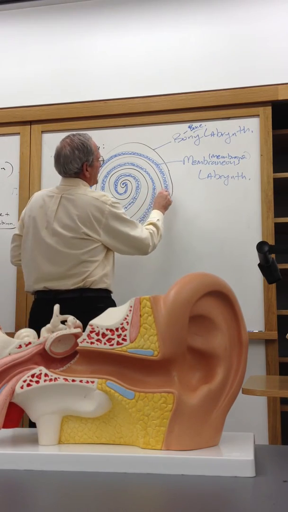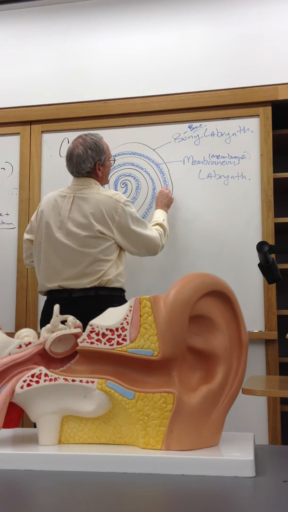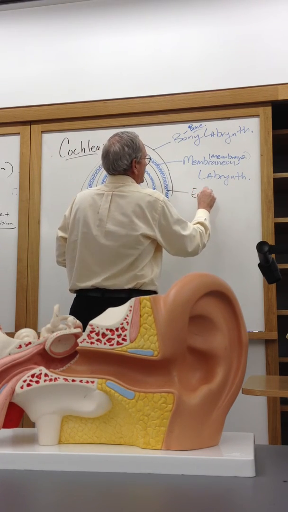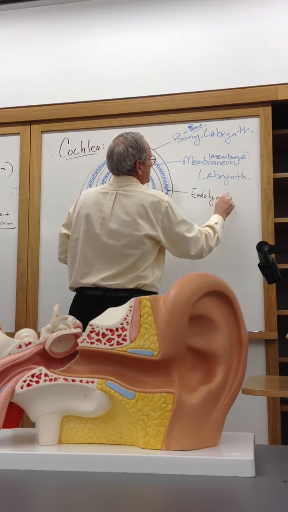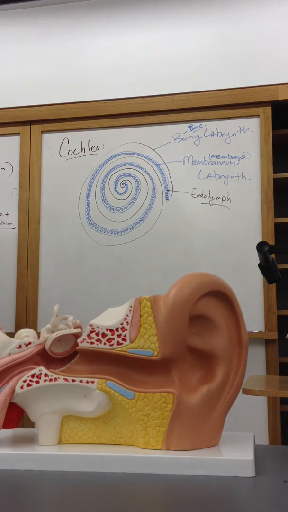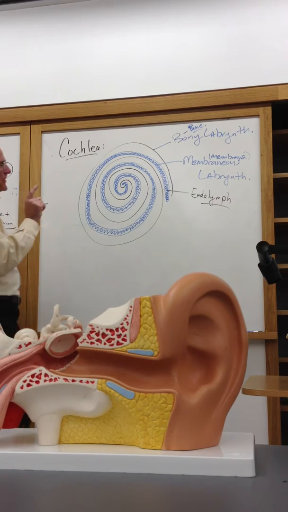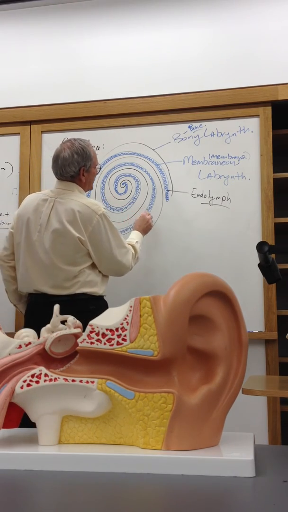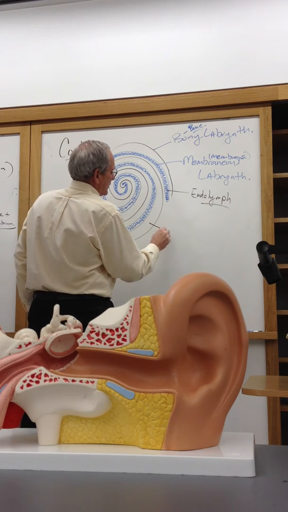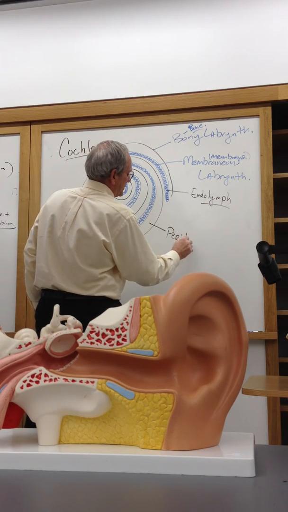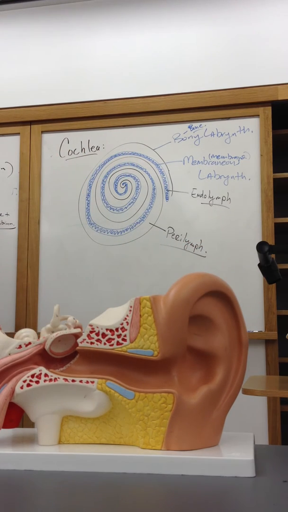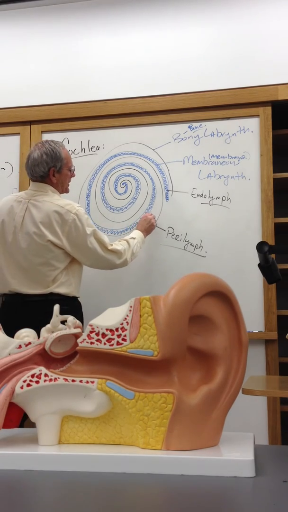The fluid in the internal membranous labyrinth is much thicker, and this fluid is called endolymph. Endolymph, a much thicker fluid. There's a thinner, not as thick type of fluid found in the bony labyrinth, which is called perilymph. So endolymph is found in the membranous labyrinth, and perilymph is found in these areas here.